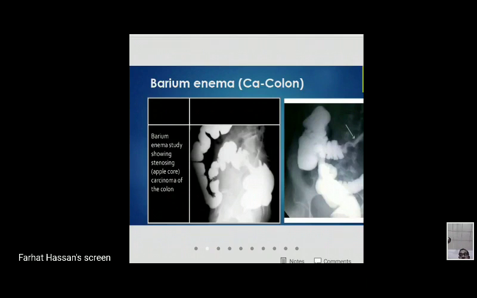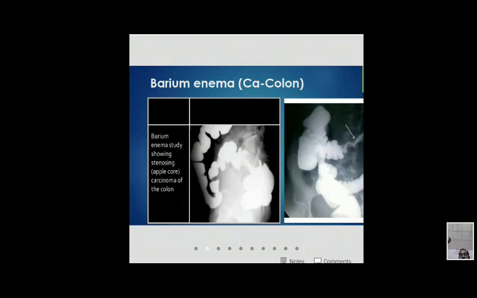And what is the presentation of left-sided colonic carcinoma? Alteration of bowel habit, yes, in the form of constipation. Then per-rectal bleeding and tenesmus. The patient may present with intestinal obstruction.